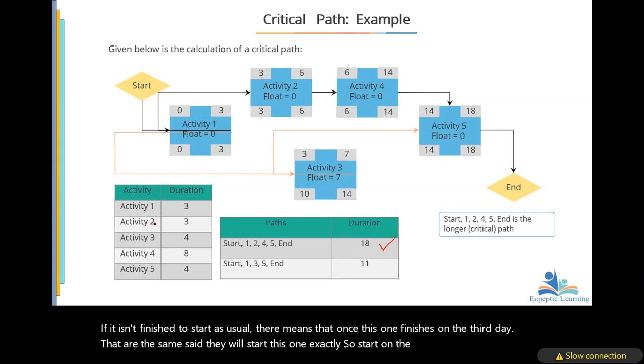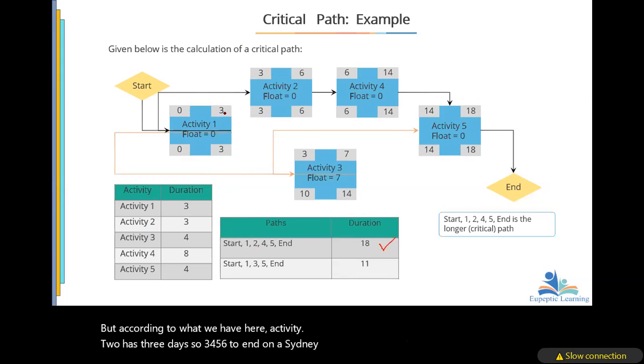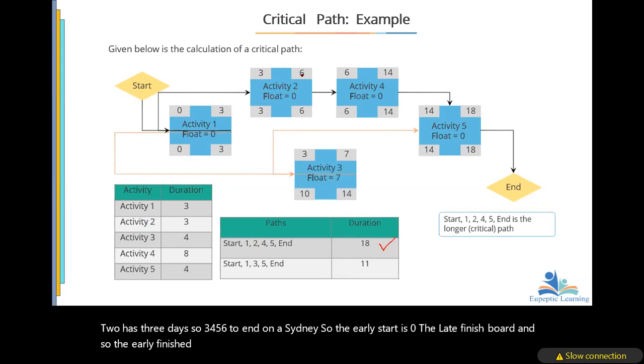But activity 2 has 3 days, so 3, 4, 5, 6. It will end on the 6th day. So the early start is 0 and the early finish is 3. The early start here is 3, and the early finish is 6. Then the early start for this one will be 6.